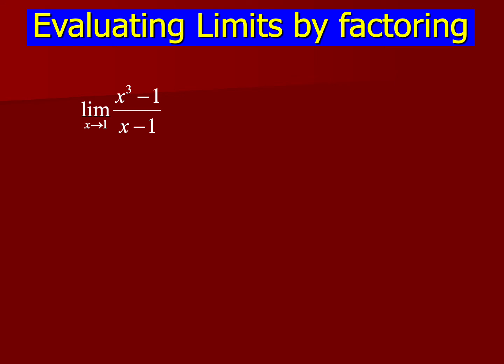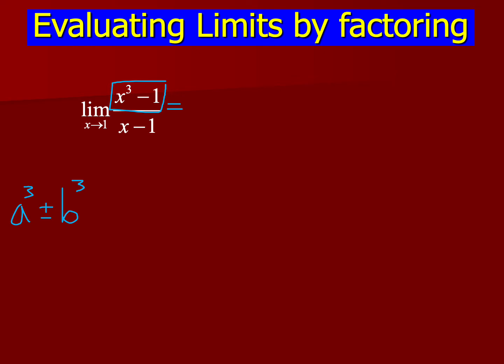Here, the numerator has degree 3. So degree 3 here, we need to remember what factoring I have to use. You need to remember that there is factoring called difference between two cubes, or sum of two cubes.